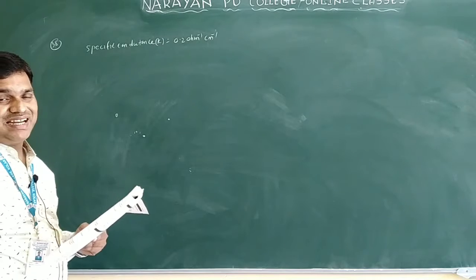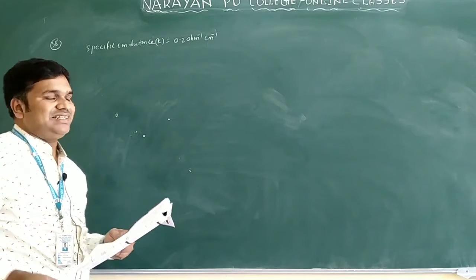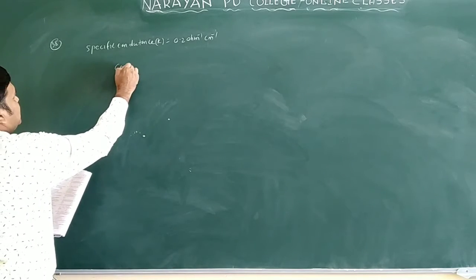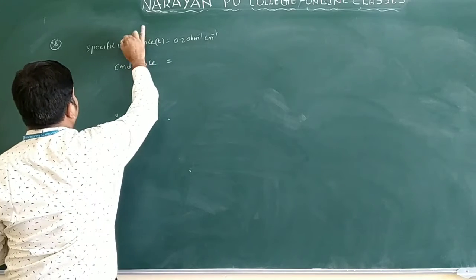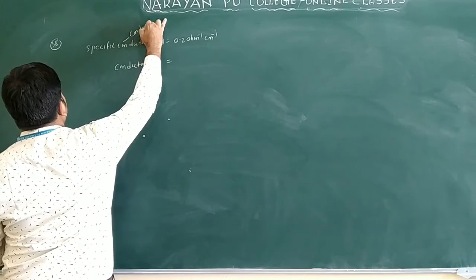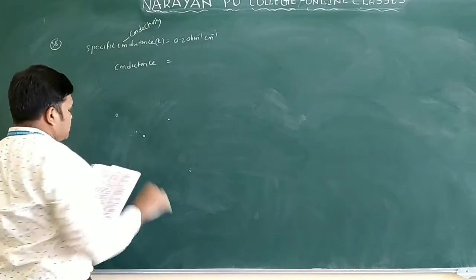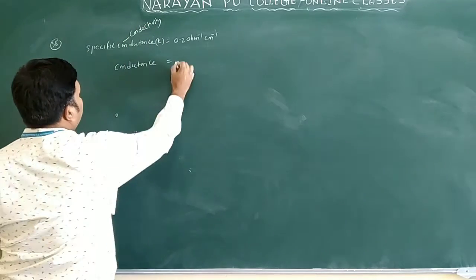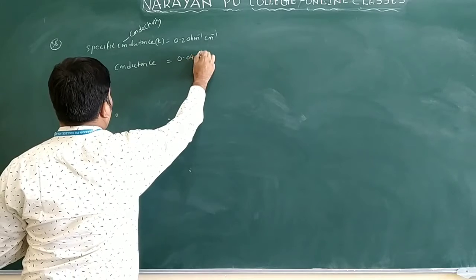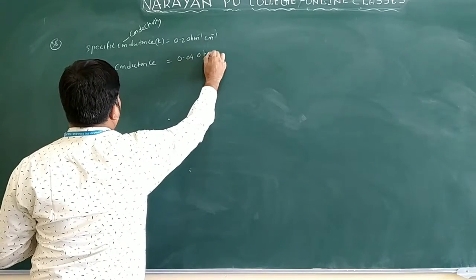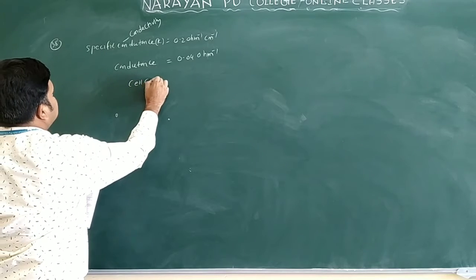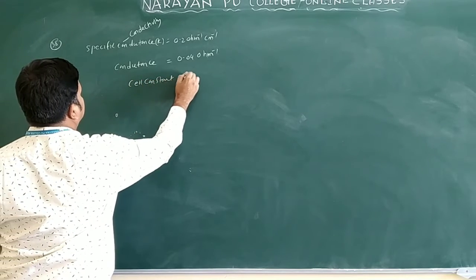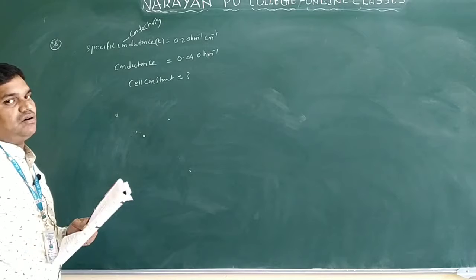The conductance given is 0.04 ohm inverse. From this they are asking the cell constant.